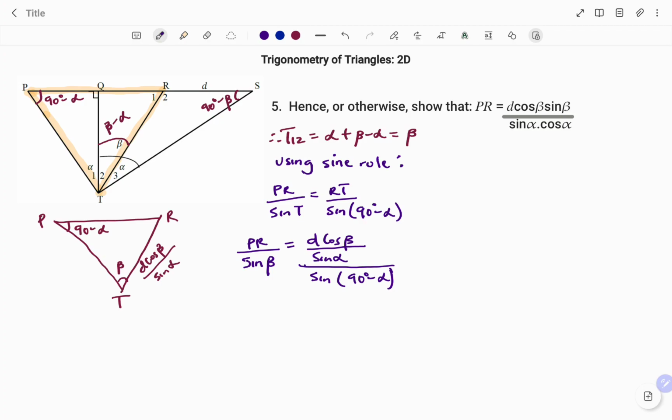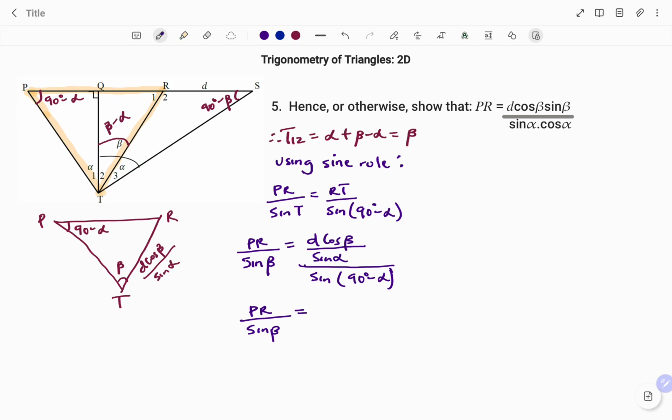If I'm to simplify further, I have PR over sine of beta equals, simplifying my right hand side, D cos beta over sine alpha divided by sine of 90 minus alpha.